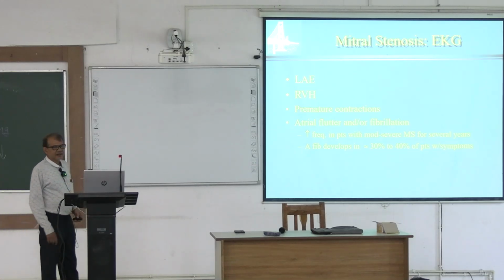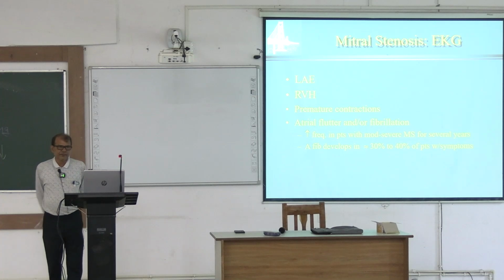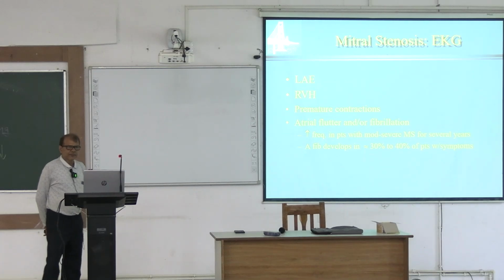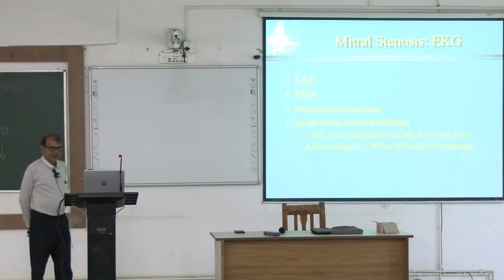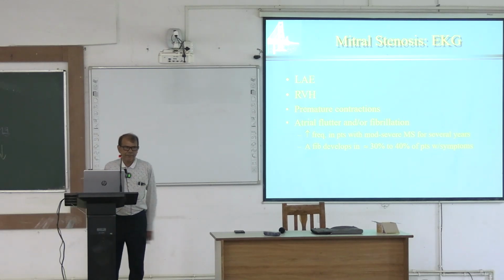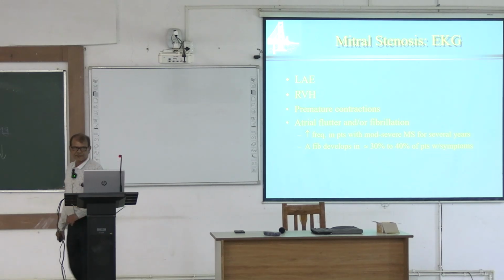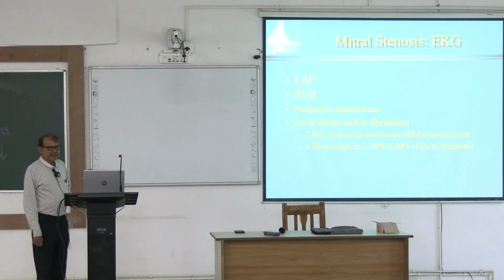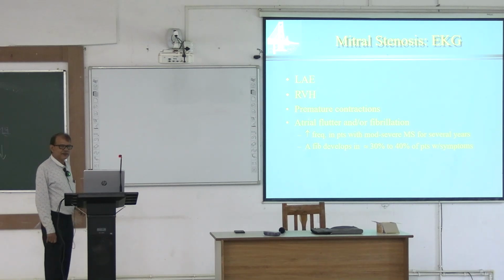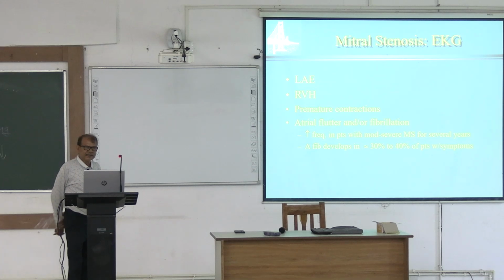Now, the criteria of left atrial enlargement. Number 1, duration of P wave in lead 2 equal to or more than 0.12 seconds. Number 2, bi-peak P in lead 2 with the bi-peak interval exceeding 0.04 second. Number 3, increased terminal negativity of P wave in V1 exceeding 0.04, or Morris's index.